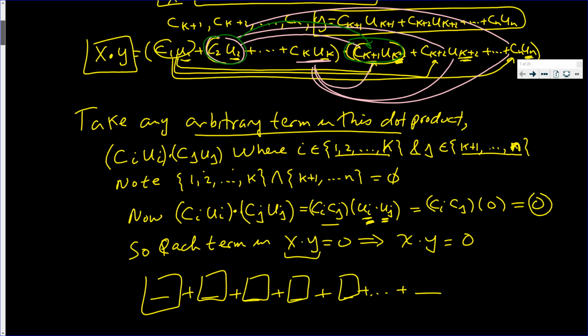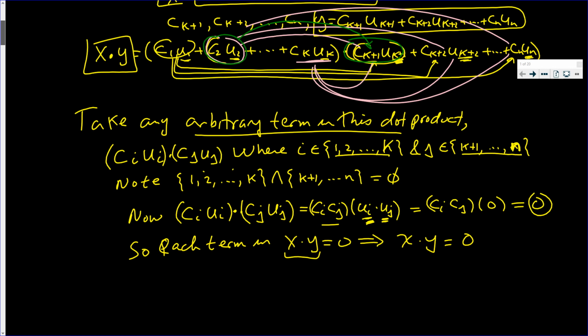And if each and every term is 0, when you add them up, you're going to get 0. And basically, that completes the proof, because I concluded that x dot y is equal to 0.